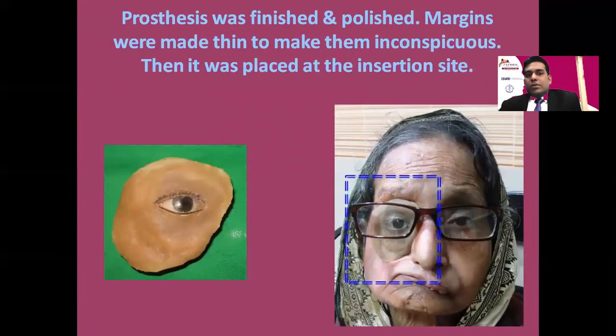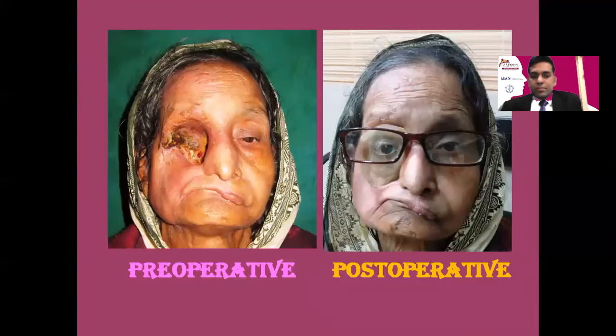So the prosthesis is finished and polished, and margins were made thin to make them inconspicuous. Then it was placed at the insertion site. So here you can appreciate the difference, or the facial appearance has improved a lot, and it gives a moral boost for these patients having facial defects.